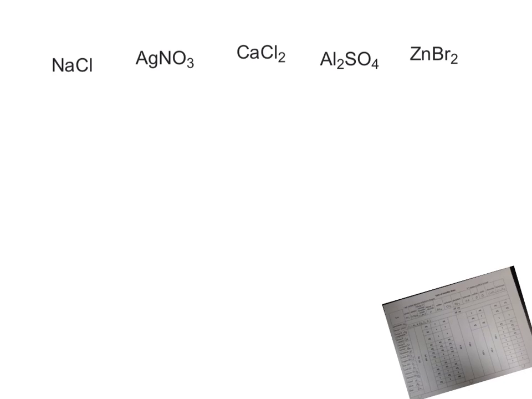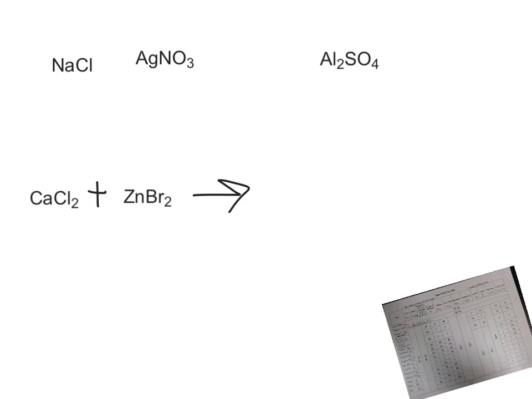So let's do calcium chloride and zinc bromide. So these two are going to react. We're going to end up with our outsides together and our insides together. Let's do some charges now.